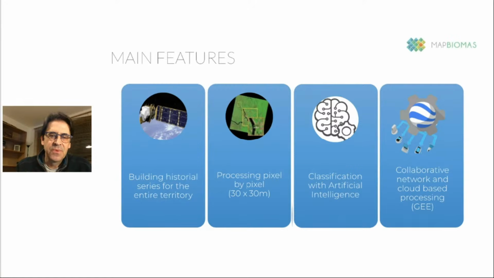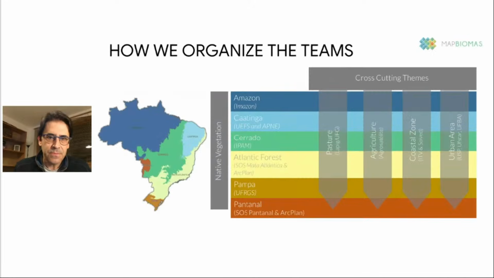So every organization on the network is operating in the same space inside Google Earth Engine, so we can exchange our codes and also exchange the use of the space and the assets that we produce for the project.